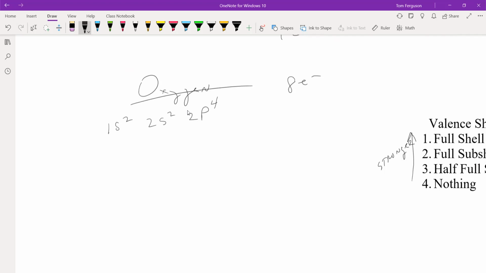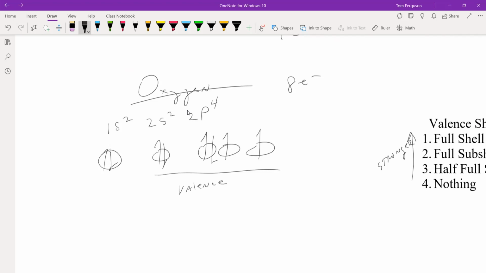So if we do the orbital diagram for that, okay, there's two ways to go with oxygen.